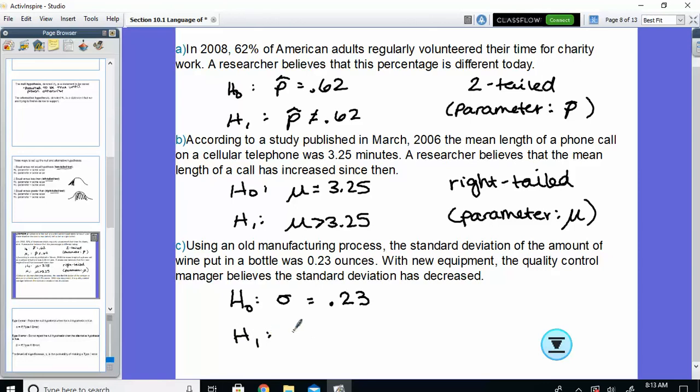What is my alternative? Sigma is less than 0.23. So is this one-tailed, right-tailed, left-tailed, or two-tailed? Left, is to the left, is less than. What's my parameter? Standard deviation. Yep, standard deviation, or sigma.